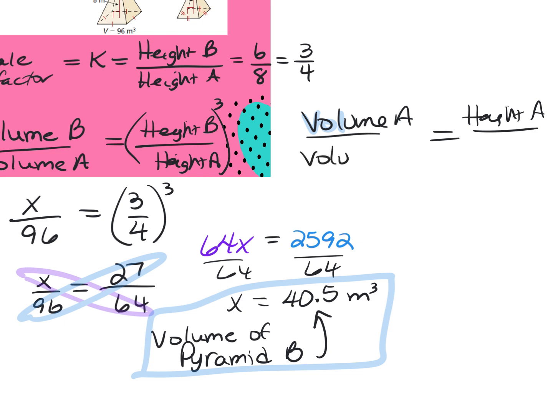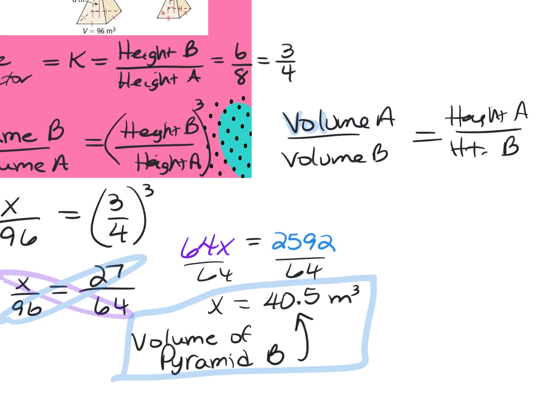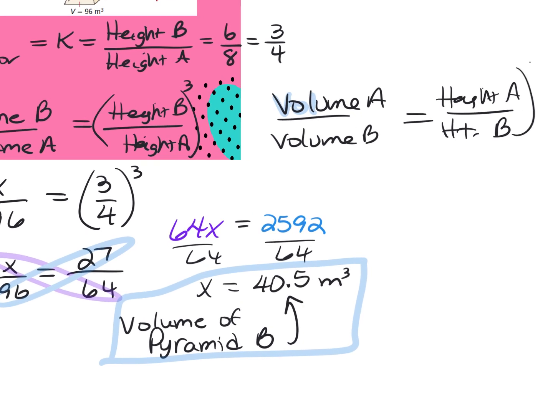And then this would have been volume of B, but then you would have put height of B. But again, remember, this needs to be cubed. So it doesn't matter. You can do it either way. Just stay consistent.